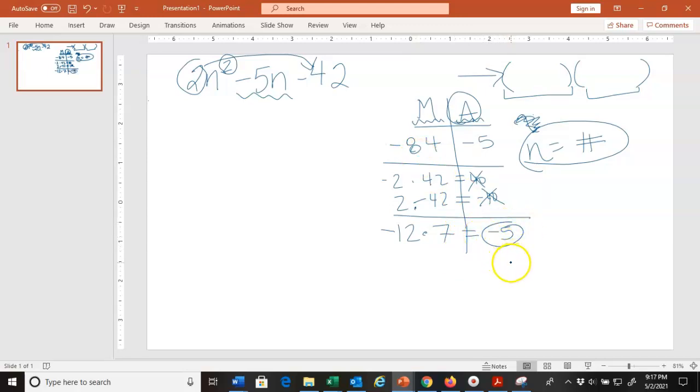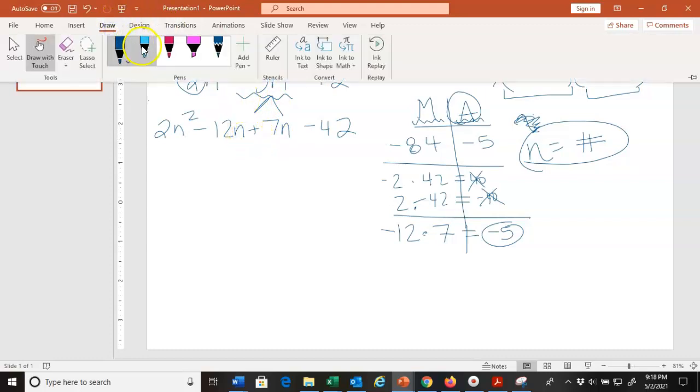So we found the two numbers. We're going to replace the middle term with those two numbers. Instead of negative 5n, we're going to have negative 12n plus 7n. We didn't really change the value because negative 12 plus 7 is still negative 5. We just rearranged it a bit and changed the way it looks.